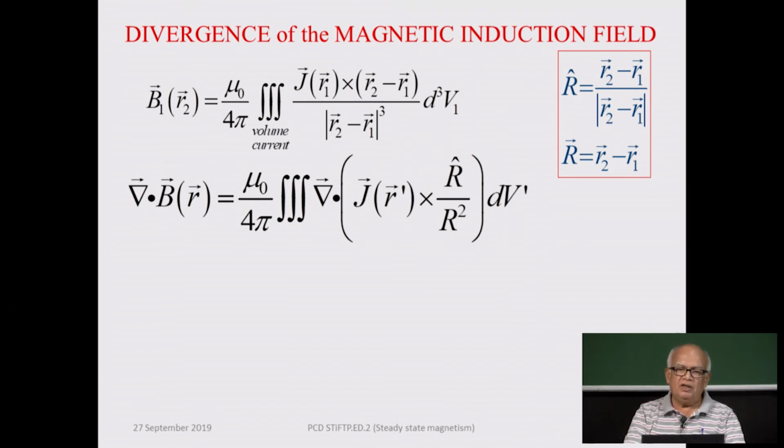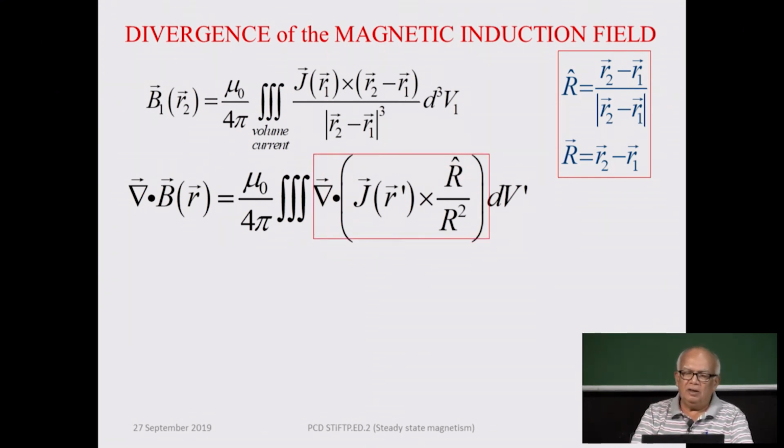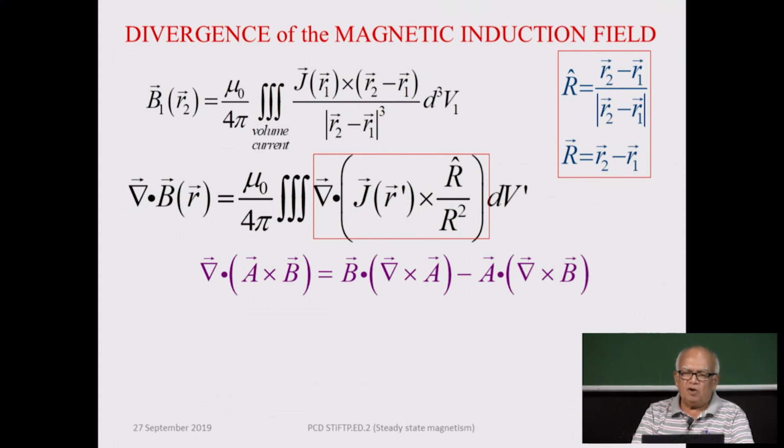So, now we have to determine the divergence of j cross r over r square. This is the divergence of a cross product of two vectors for which we can use the vector identity.